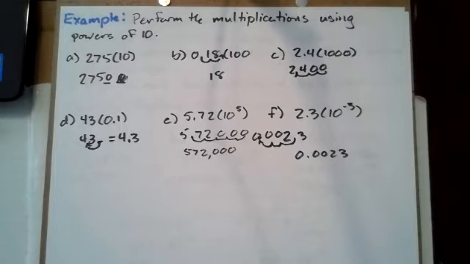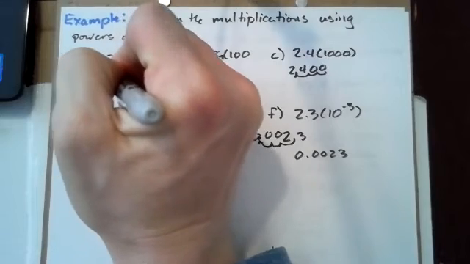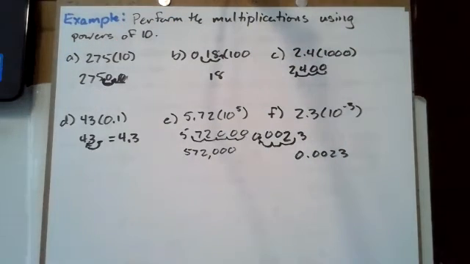For example, perform these multiplications using powers of 10. If I take 275 times 10, I move the decimal place to the right one space, and then I just add a 0 where that was.